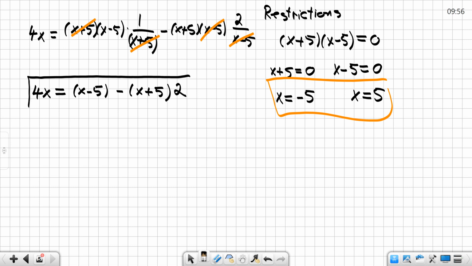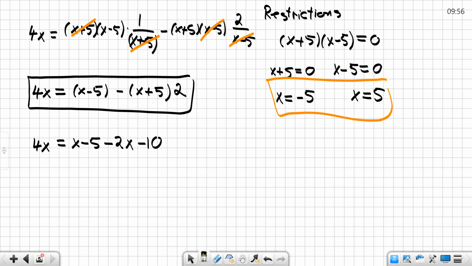This is the equation we are now going to solve. So all of the steps before were just to end up with this. All right, we are simplifying. 4x is equal to x minus 5, 2 times x, but a negative, 2 times 5 is 10, but a negative 10. And I am now combining like terms.